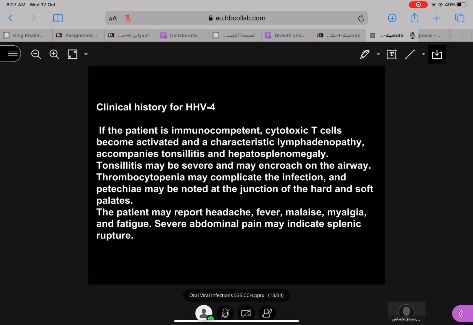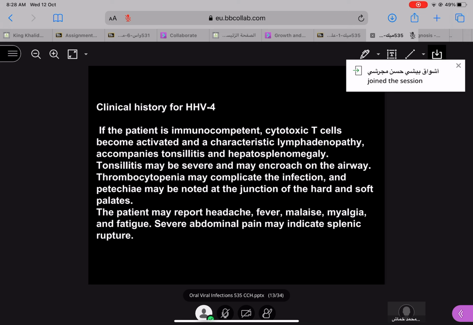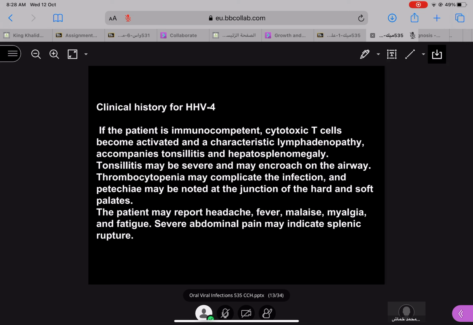Tonsillitis may be severe and may narrow the airway. Thrombocytopenia may complicate the infection, and petechiae may be noted on the junction of the hard and soft palate. The patient may report headache, fever, malaise, myalgia, and fatigue. Severe abdominal pain may indicate a splenic rupture.